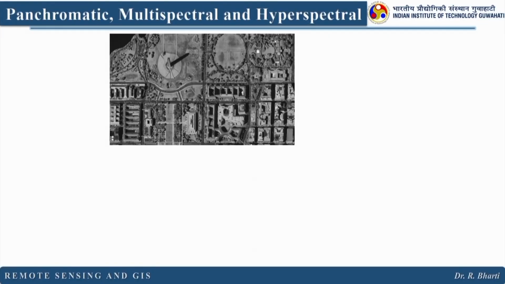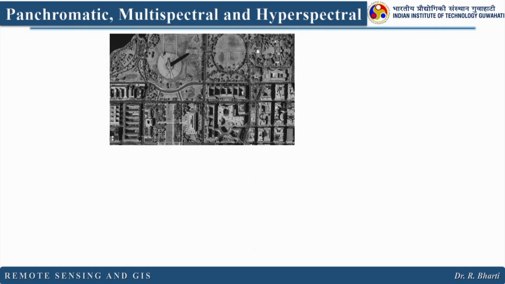Now, there is another concept called panchromatic, multispectral and hyperspectral. In panchromatic, you have only one band image, and here the bandwidth, remember the starting and end wavelength of your detector, is very far apart. So, they will have enough energy to be resolved. That is called panchromatic.